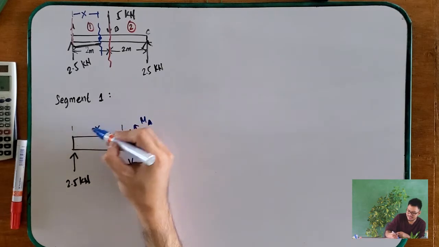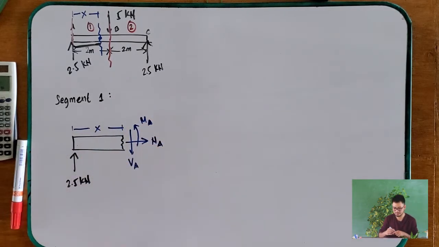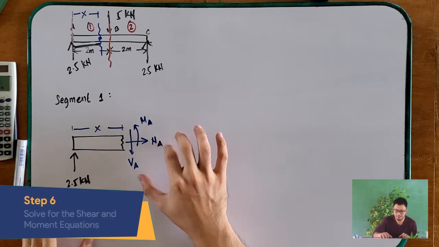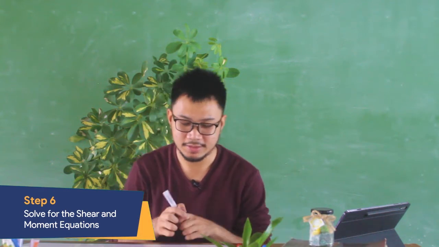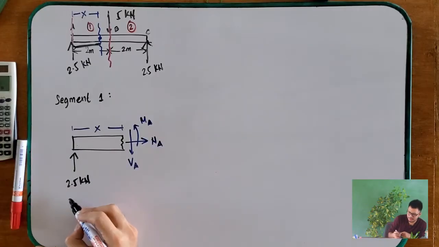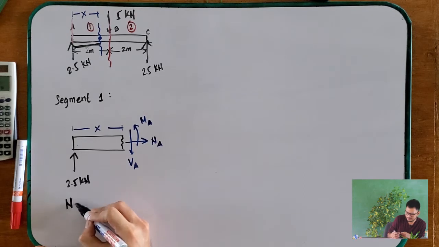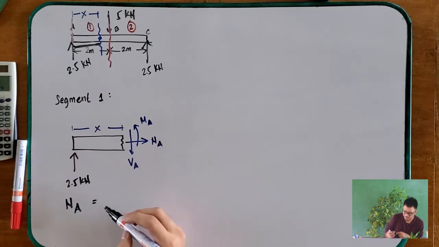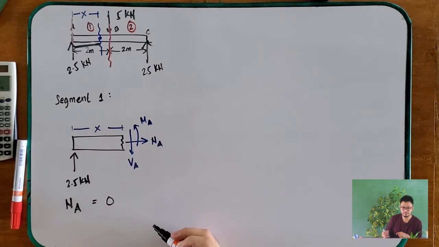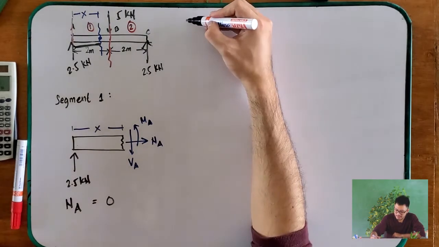This distance is x. Okay. So we have to look for the values of these. First, NA. Since we have no x component here, as usual, that is 0.